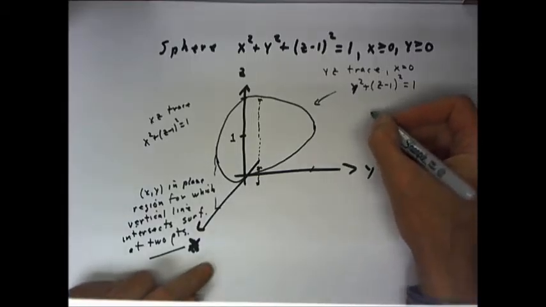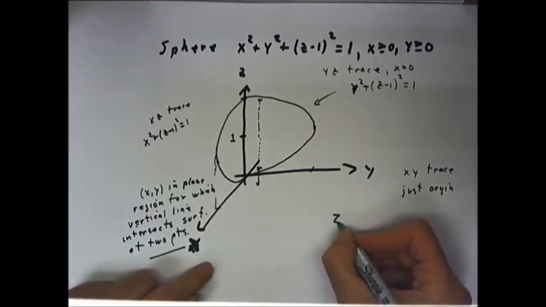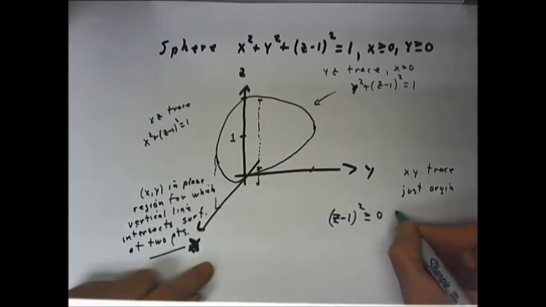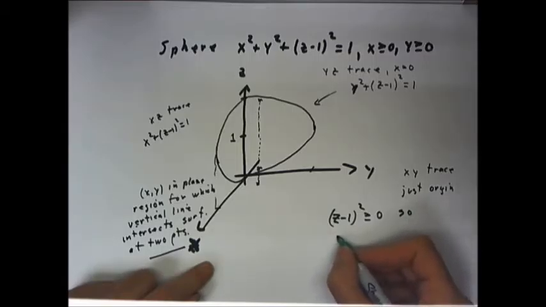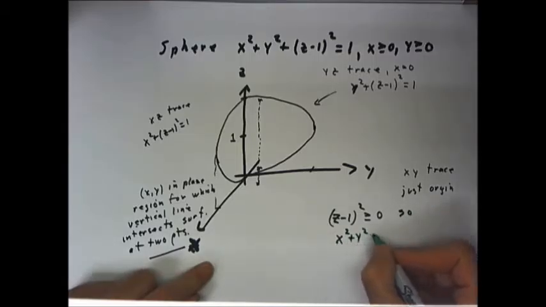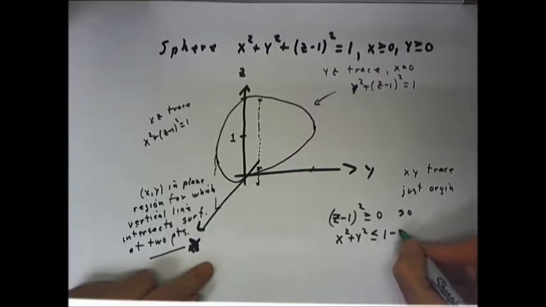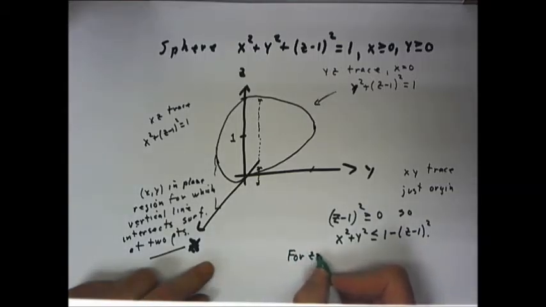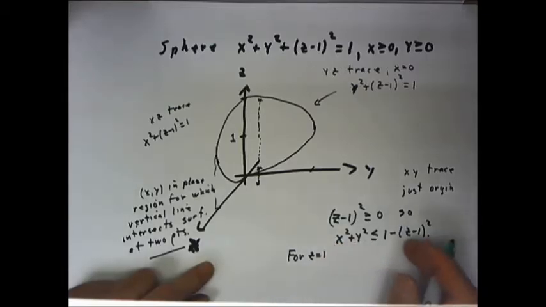So I could say that (z minus 1) squared is greater than or equal to 0. So x squared plus y squared is less than or equal to 1 minus (z minus 1) squared. For z equal 1, we get the maximum possible bound on x and y. x squared plus y squared is less than or equal to 1.